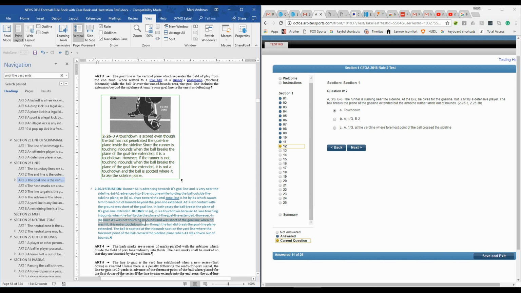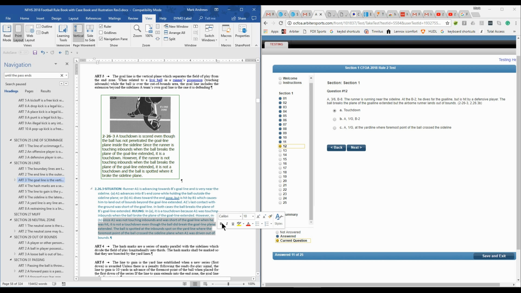Since A1 was not touching in bounds and was short of the goal line when he was hit, it is not a touchdown, even though the ball did break the goal line plane extended. The ball is spotted at the inbound spot on the yard line where the foremost point of the ball crossed the sideline plane when A1 was driven out of bounds.